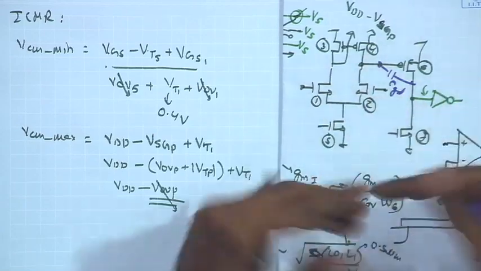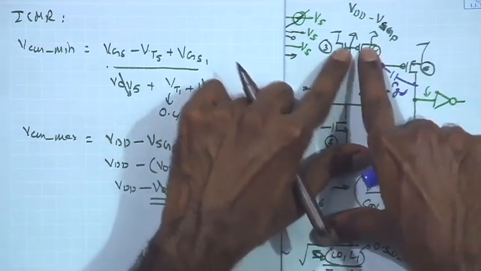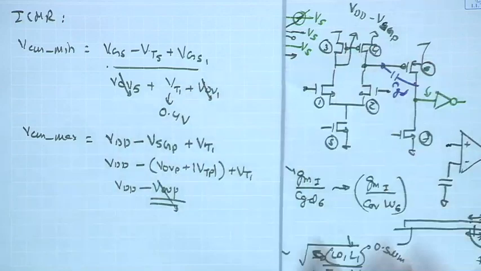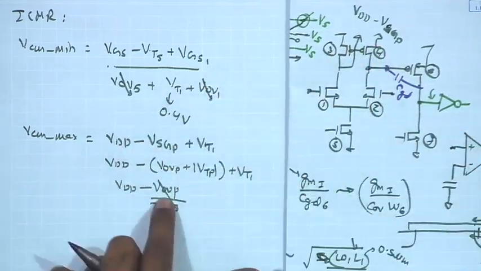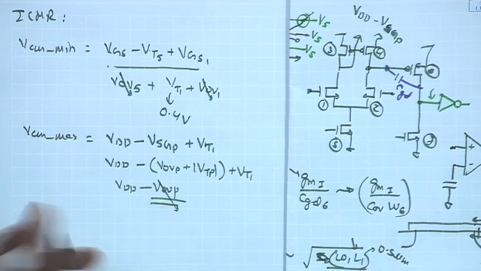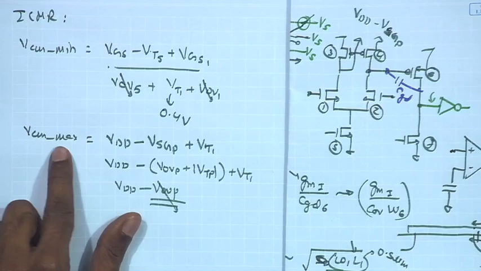Remember that in the bandwidth and gain these do not play a very significant role for the given condition, and therefore, I can afford to increase the W by L of these transistors, so that the V overdrive is almost negligible as compared to VT, and I can safely increase the upper VCM max.